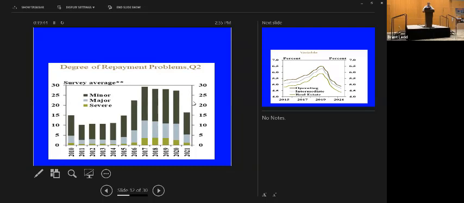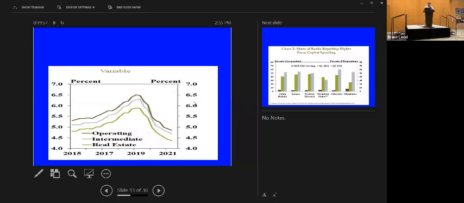We were definitely starting to see some repayment problems for agricultural loans. Those problems seem to have decreased in magnitude and in number. That's, of course, a very good thing.